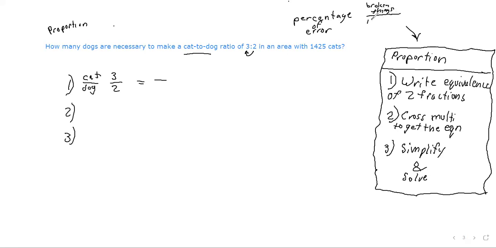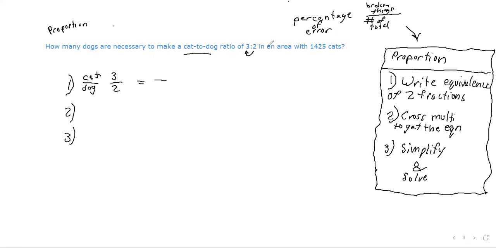So as soon as we see percentage of error, we know that we're talking about broken things over total number of things. Any other proportion word problem, they're going to give you the name of it.